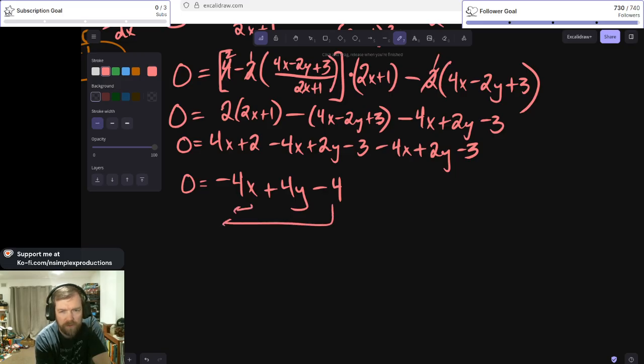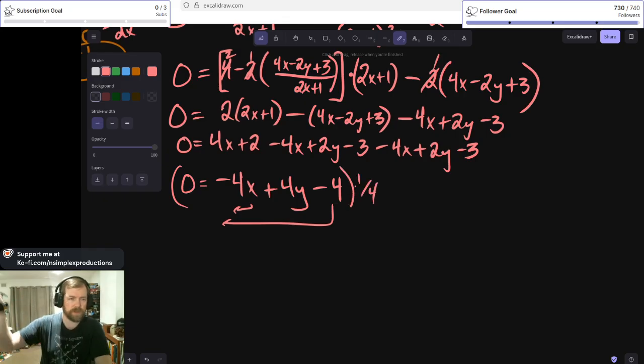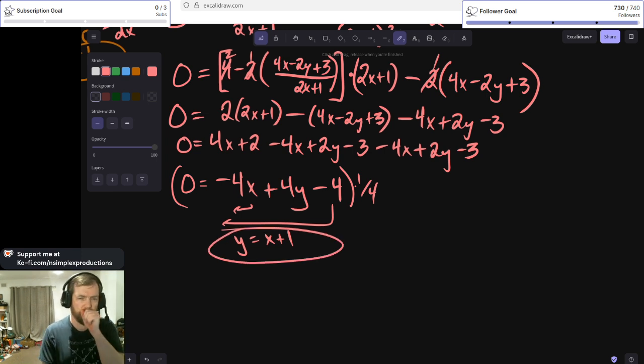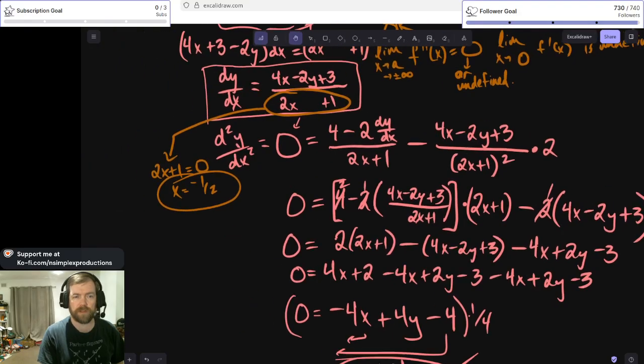So these are both going to go that way and be multiplied by a quarter and become positive on the other side. So y equals x plus 1. Awesome. That's it. So we did get it. I just had to do it right.